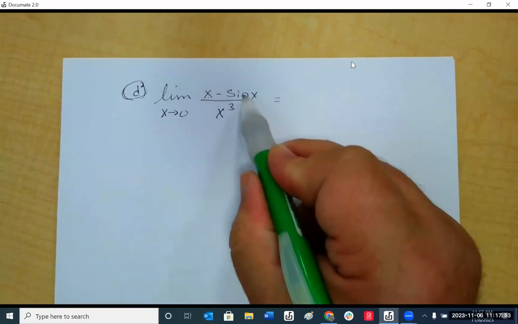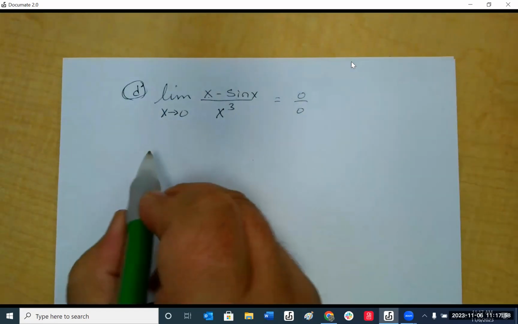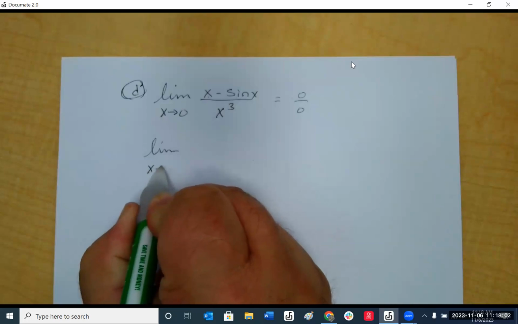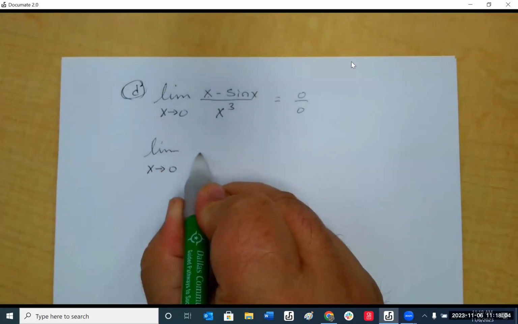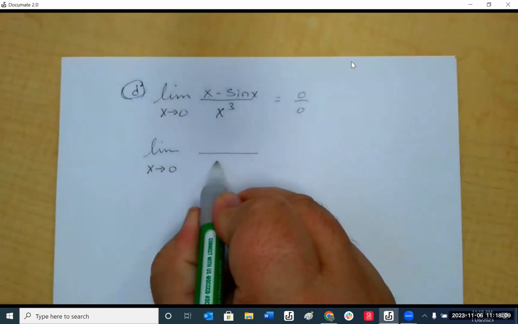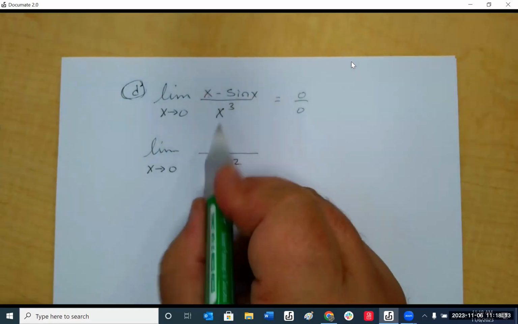Plugging in 0, sine of 0 is 0, so it's 0 on top, 0 on the bottom. So the bottom, 3x squared. Derivative of x is 1.